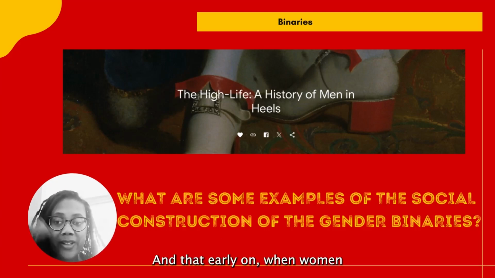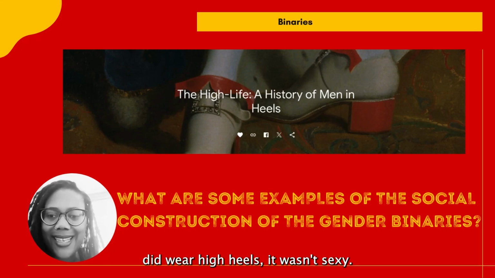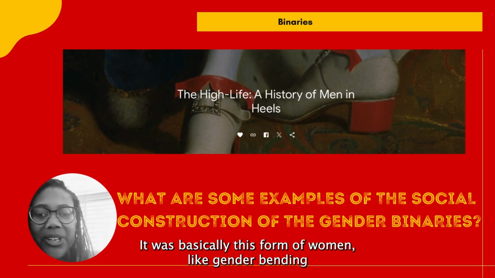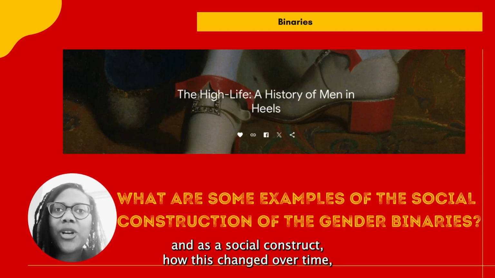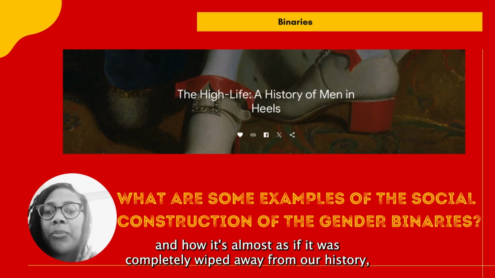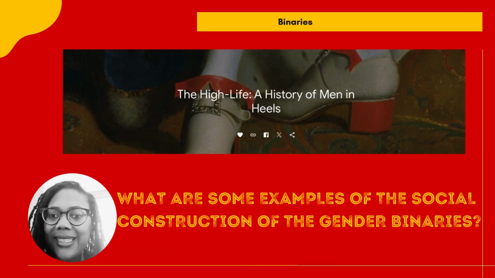And early on, when women did wear high heels, it wasn't sexy. It was basically this form of women gender bending and wearing this masculine element of clothing. And as a social construct, how this changed over time, and how it's almost as if it was completely wiped away from our history, this idea that high heels were actually very masculine, right?